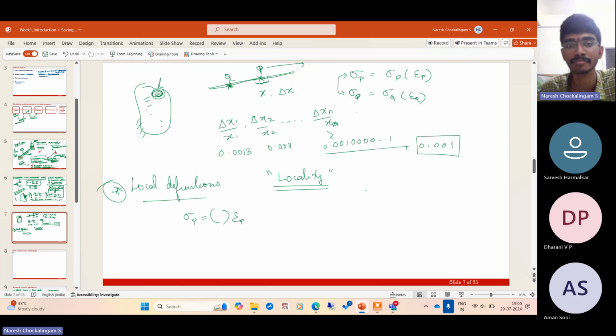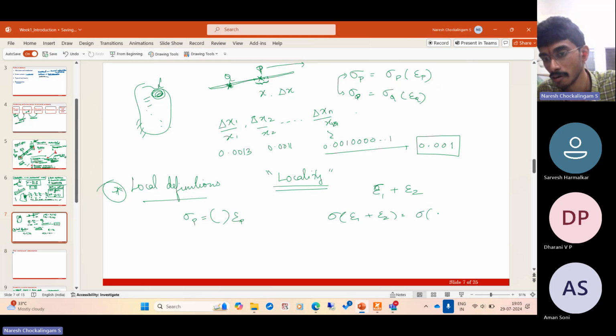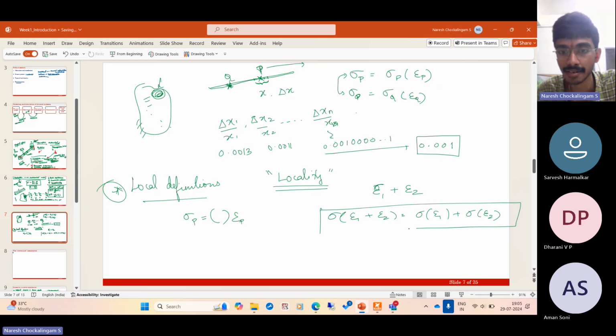Linearity means these two are related by a linear relationship. If we take epsilon 1 plus epsilon 2, sigma of (epsilon 1 plus epsilon 2) is sigma of epsilon 1 plus sigma of epsilon 2. If the material is linear, this is the condition.